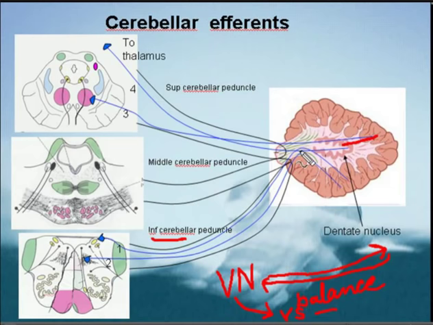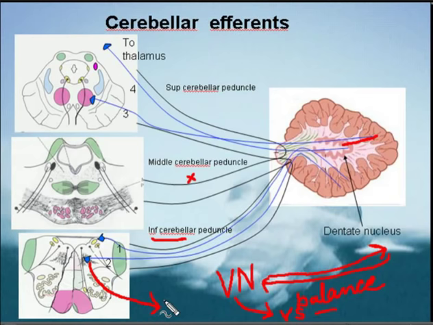So for all practical purposes we'll say that the middle cerebellar peduncle has no efferents. So you have information from the cerebellum going to the reticular formation. From the reticular formation, impulses will go down as reticulospinal tracts, and these regulate posture and locomotion. So that's how again the cerebellum controls the spinal cord.